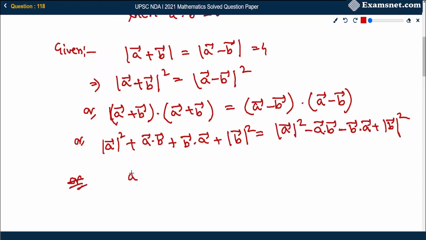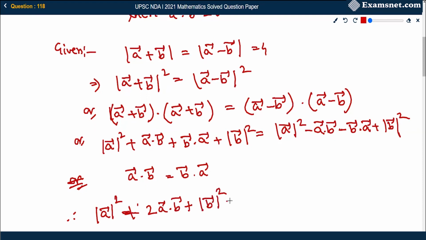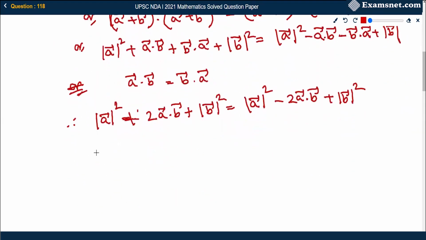Before that, we know that the scalar product of A and B is equal to the scalar product of B and A. Therefore, we can write the terms, so both sides got cancelled.